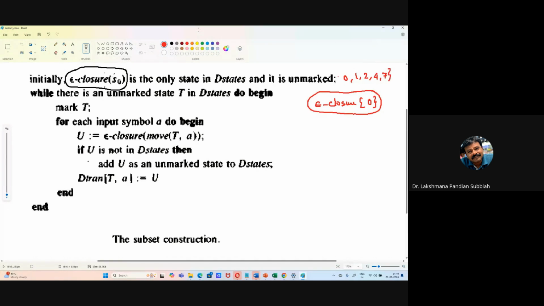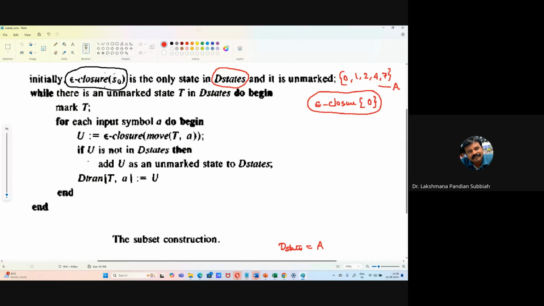Now this is one state, that is A. We are taking it as A, the start state of T states. T is the deterministic finite automata states. So in those states, initially we have A only. A is this set, as we discussed in the last class.